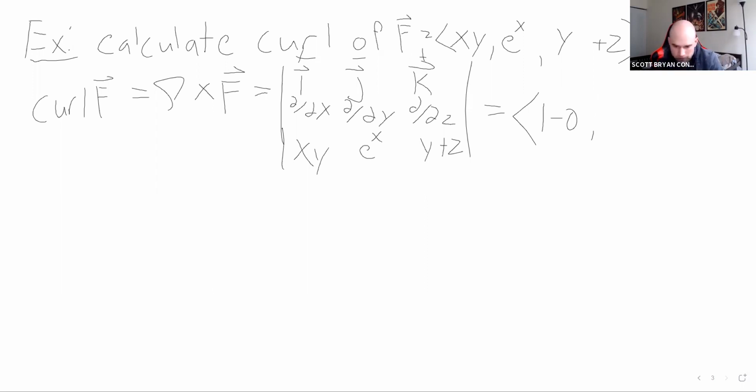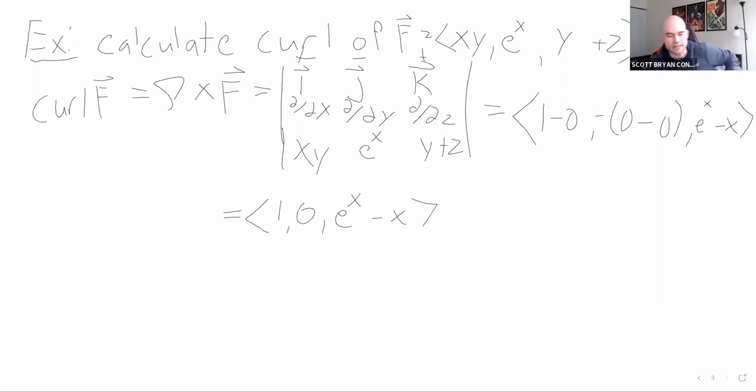Then minus d/dx times y plus z, which is 0, minus d/dz times xy, which is 0, and then plus d/dx times e to the x, which is e to the x, minus d/dy times xy, which is x. So we go 1, 0, e to the x minus x is the curl.